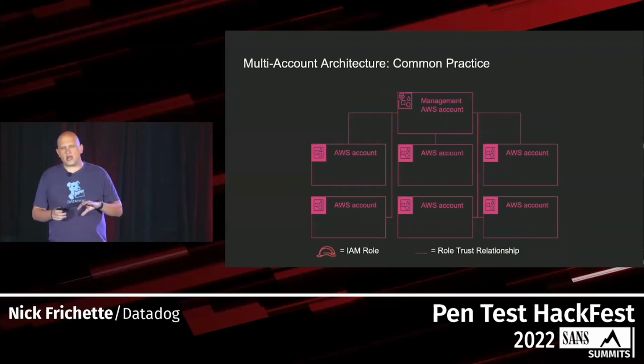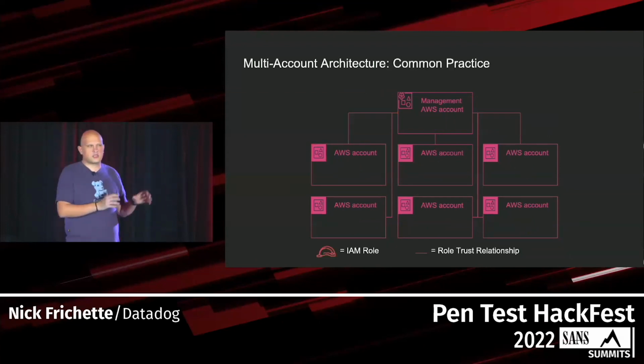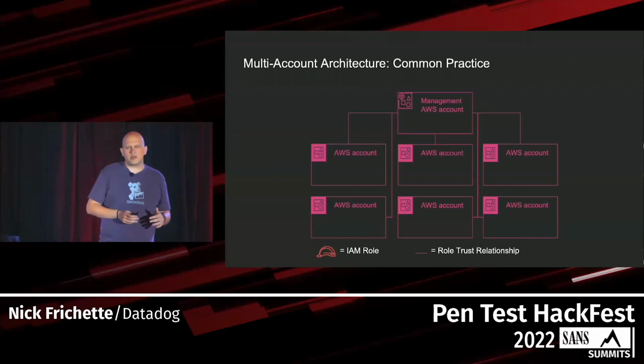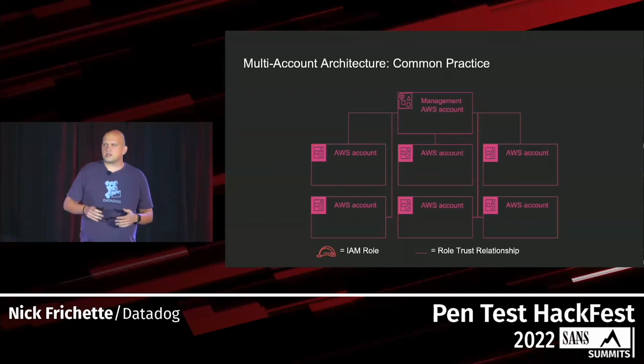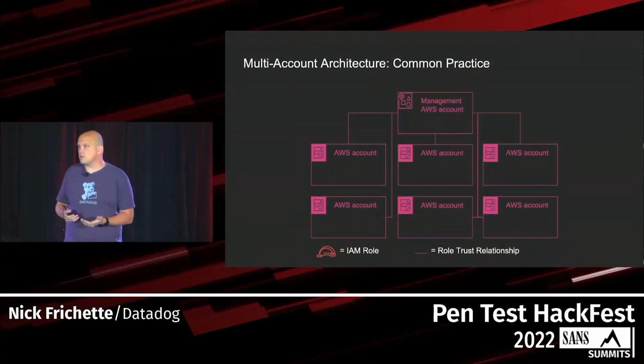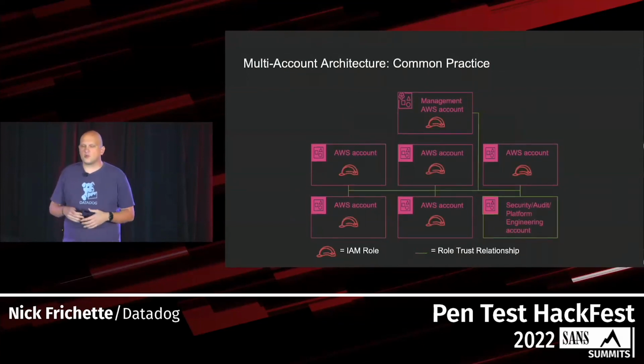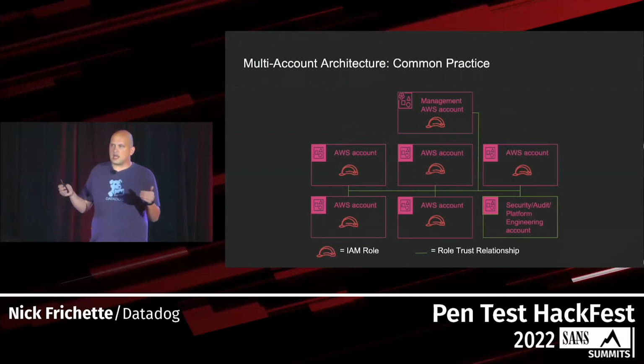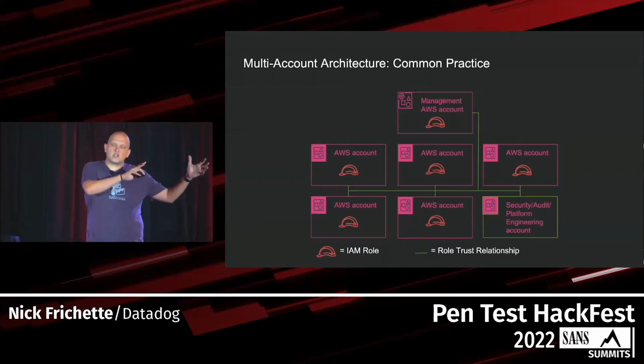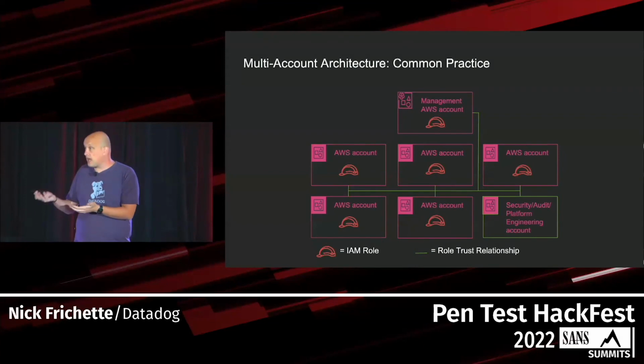Next, similar idea, but not strictly associated with AWS Organizations. I did want to mention, in a lot of companies, there are a handful of business units and teams that have a legitimate reason to be able to pivot to other accounts in the organization. So for example, security teams may need a role in each account in order to do things like triage and incident response. And those roles may have a pre-existing trust relationship back to some centralized security account.